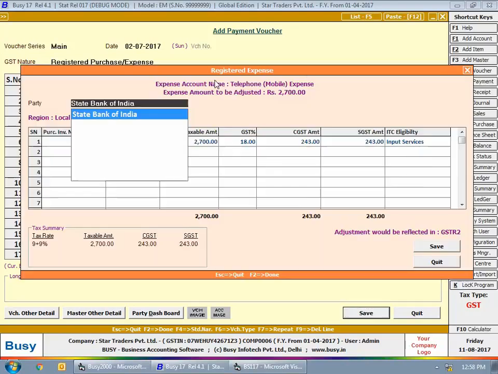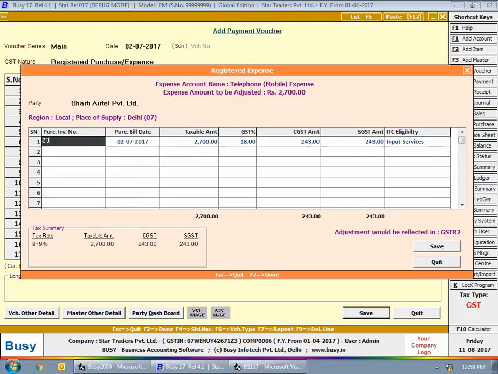On saving this voucher, a registered expense window will appear in which you will specify the party as Bharti Airtel Private Limited. That is, we are depositing the telephone mobile bill to Bharti Airtel company and the company will print our TIN number on the bill. Specify purchase invoice related details, ITC eligibility, input services, and this adjustment would be reflected in GSTR 2.